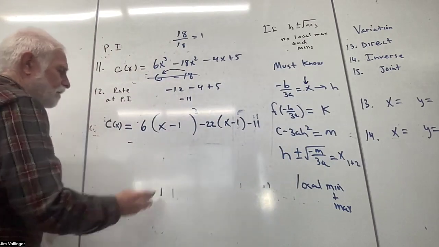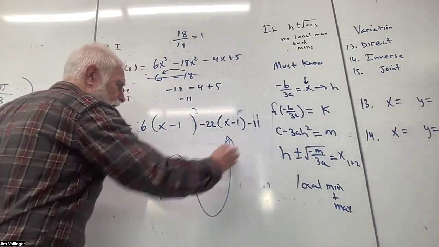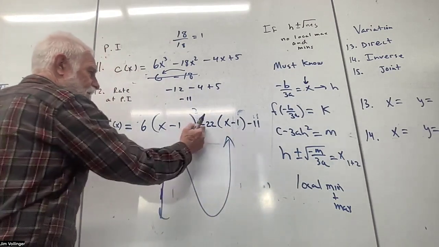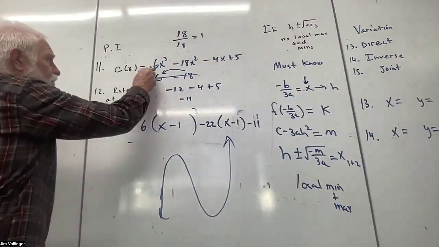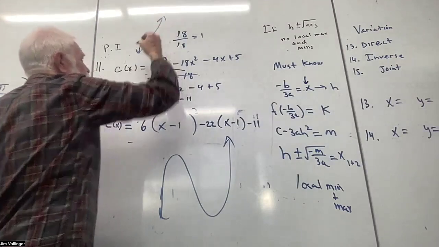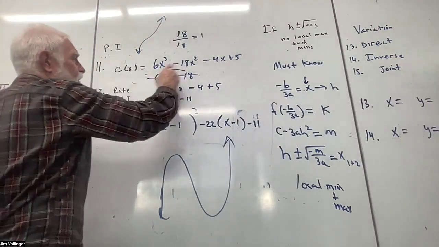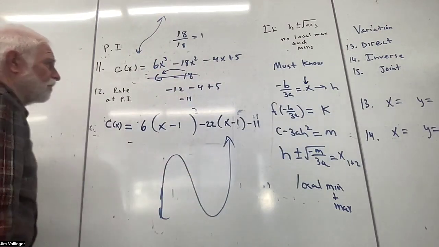So we start with shape. I know the shape now is one of these because that is negative and this is positive. So therefore, if this was all positive, then I've got a function that's just always increasing. But the interplay of these terms dictates where I am on the graph, the changing rates.